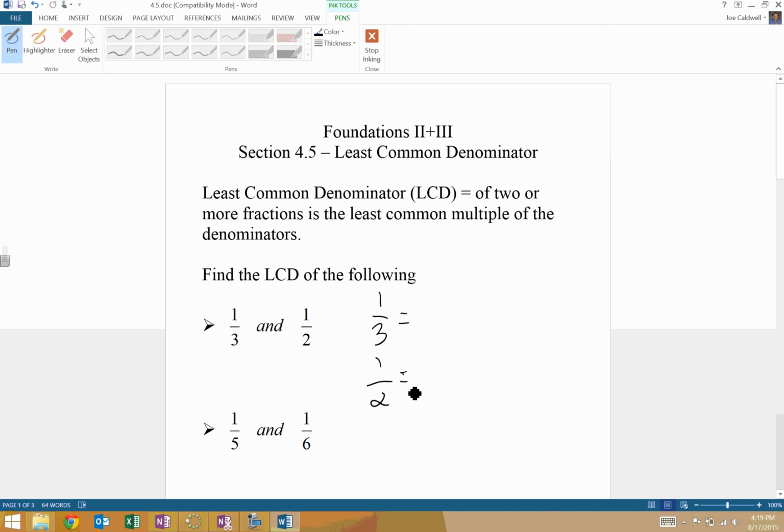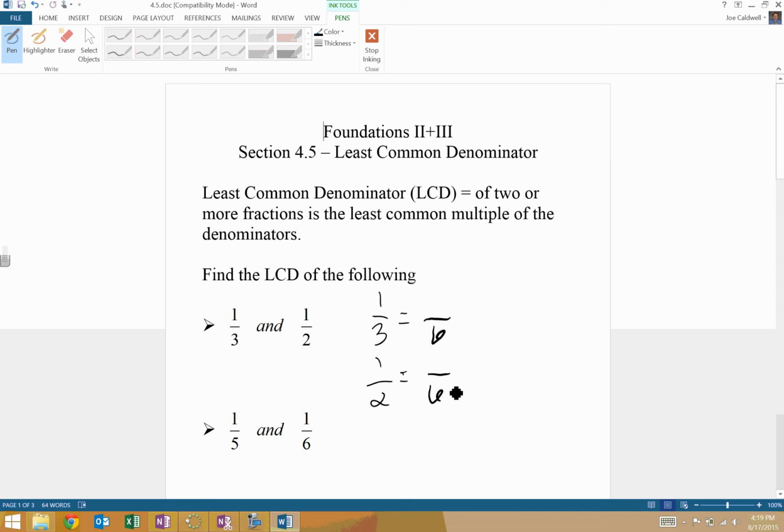Common denominator, the first number that both can go into. So start thinking in your head, okay, 2 can't go into 3. Can 2 go into the next multiple of 3? 6. Yes, it can. So our least common multiple is 6.